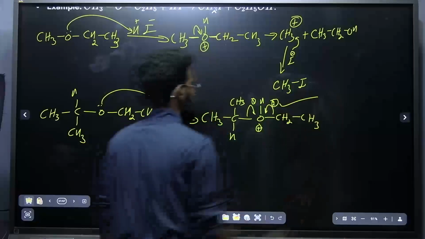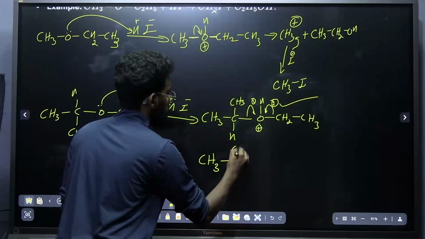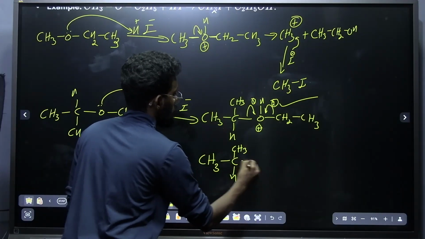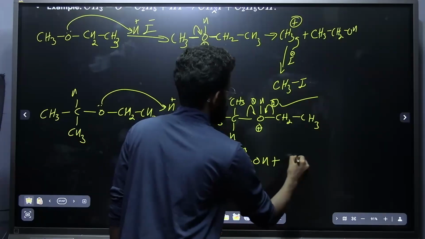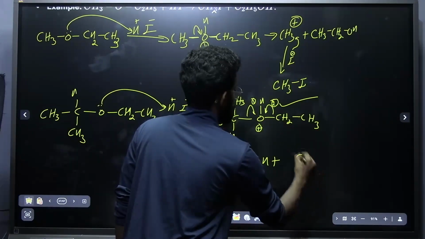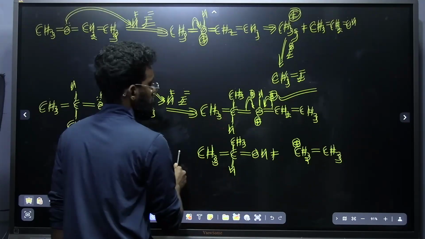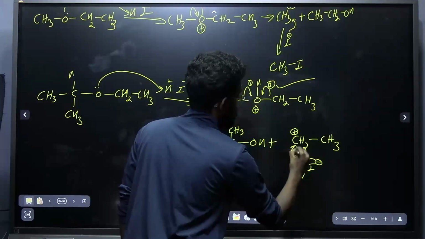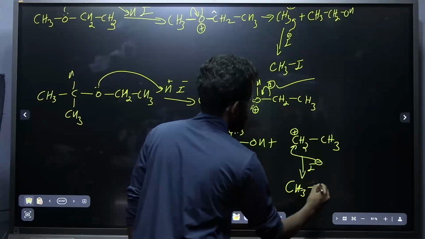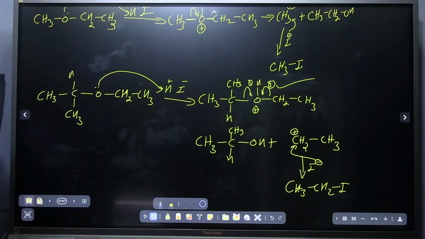So the second cleavage is the correct one, and the remaining part will give an alcohol, OH, plus CH2 plus CH3. Okay, and then I minus will be attacking on this carbocation, resulting in the formation of CH3 CH2I.